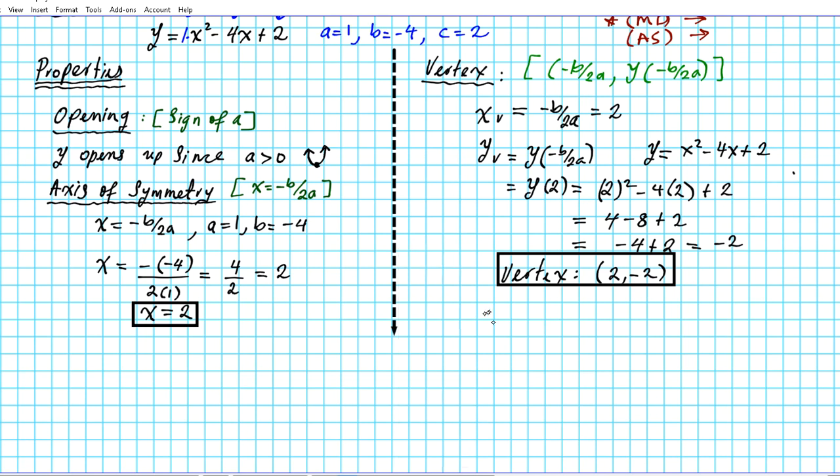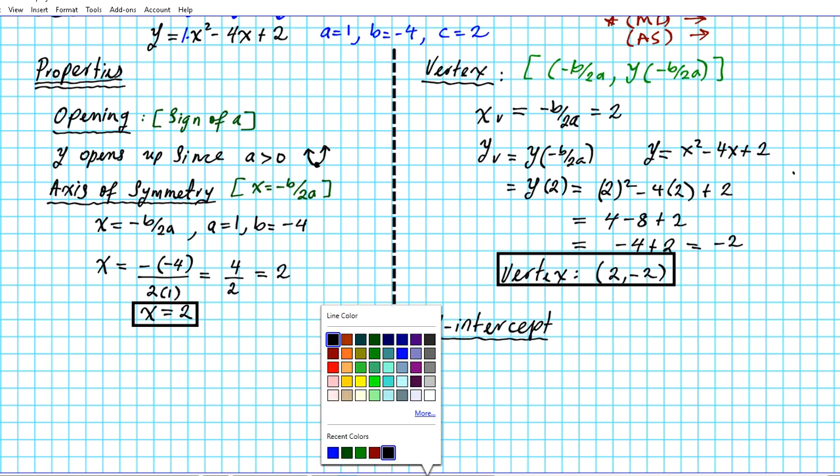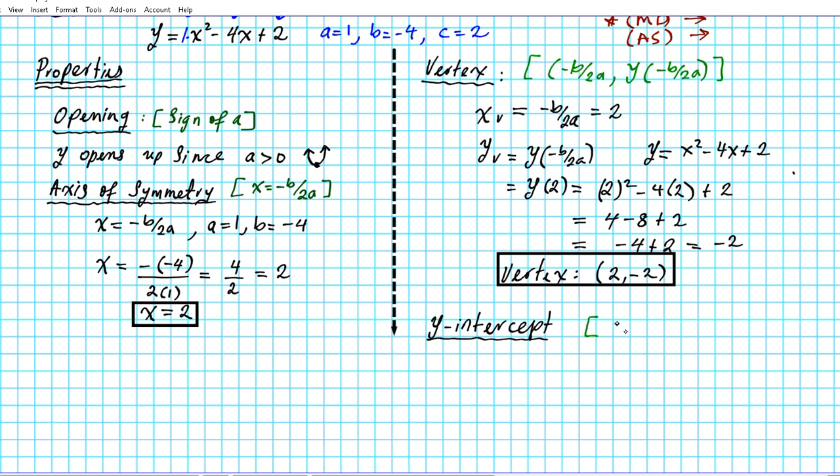So for the y-intercept, we're going to use the following formula. Well, there are actually two formulas that you can use to find the y-intercept of a quadratic function. You can use the formula 0, c. So the c value is basically your y-intercept. It's very easy to use this formula when your quadratic is in standard form.